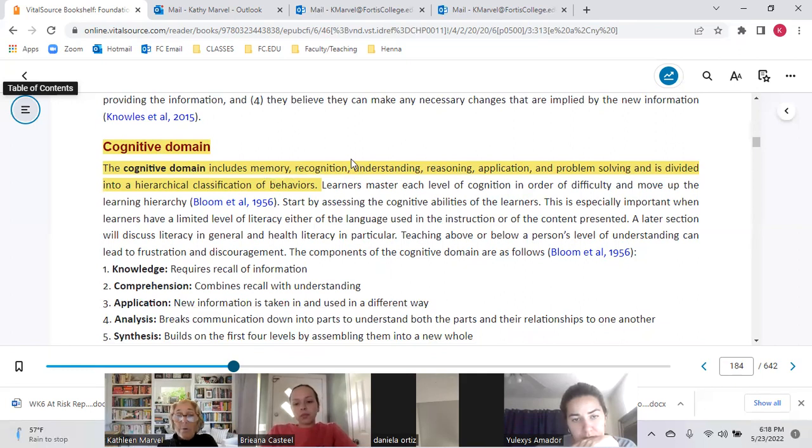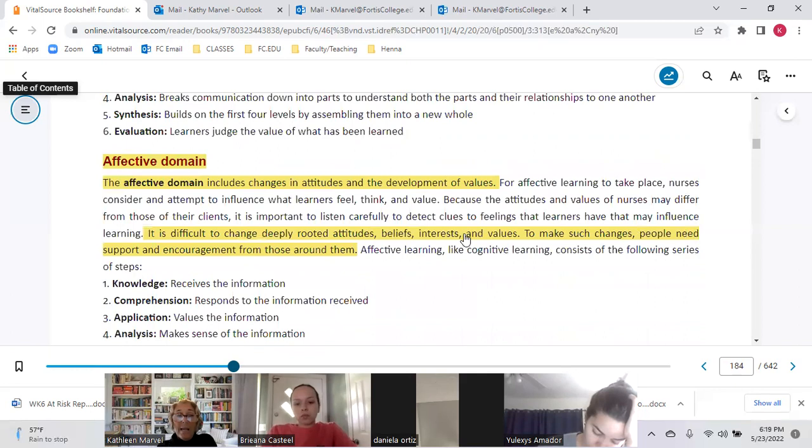Briefly, the cognitive domain, here's what it includes. Memory, remember it's thinking. So it includes memory, recognition, understanding, reasoning, application, problem solving. It's the thinking part. And then the affective includes changes in attitudes and the development of values. We know that it's extremely difficult to change deeply rooted attitudes, beliefs, and interests and values, right?